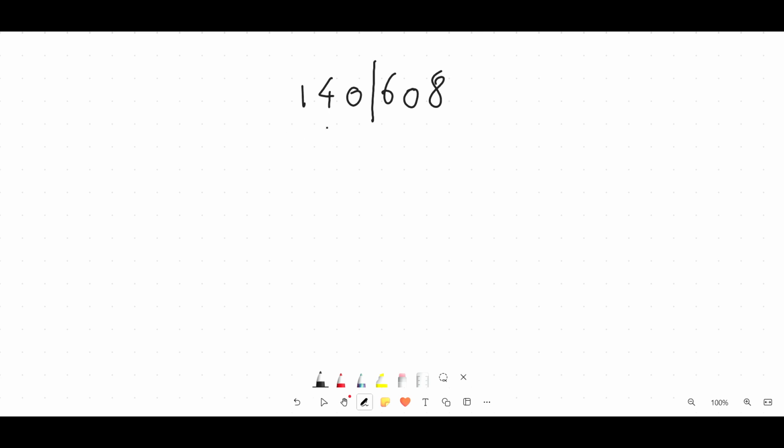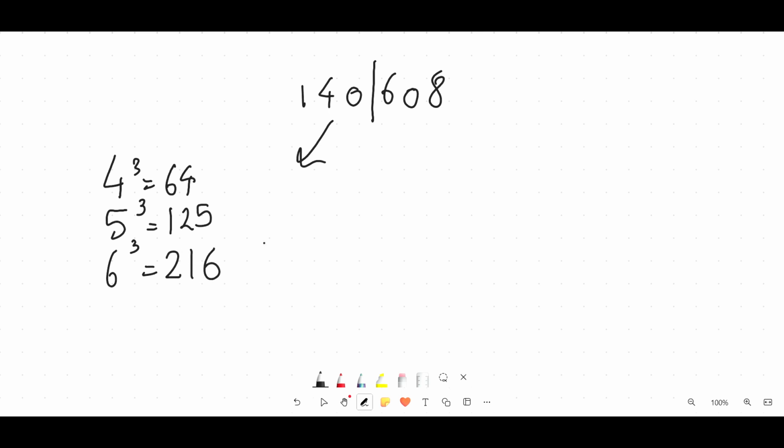Left part of the answer ends with 0, but that doesn't matter. This is the left part, right? The smallest cube less than 140: if we take 4 cubed, we have 64. Let's check with 5 cubed, we have 125. That sounds about right, because 6 cubed is just 216 and it's far too big. So the left part of our answer is 5.